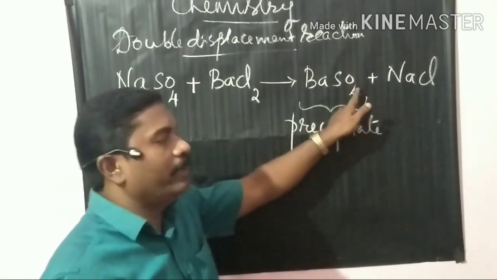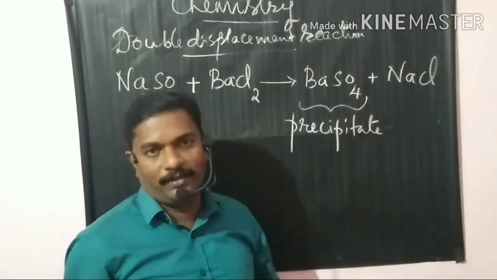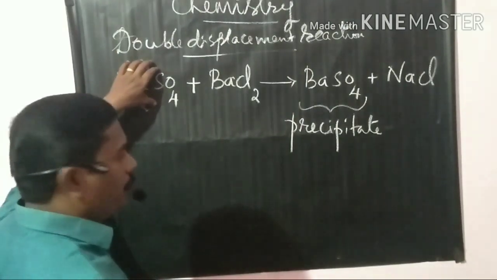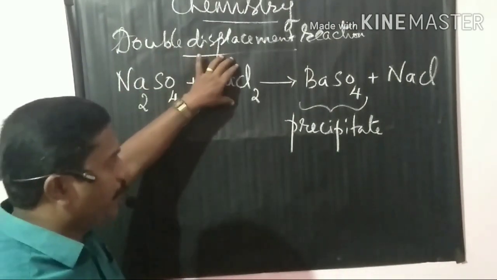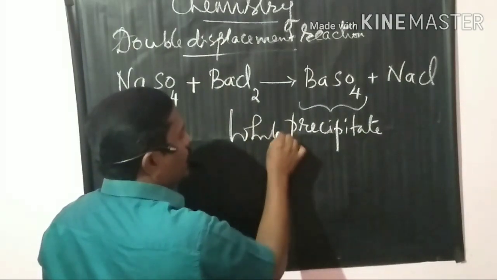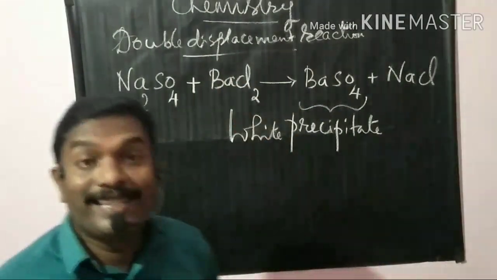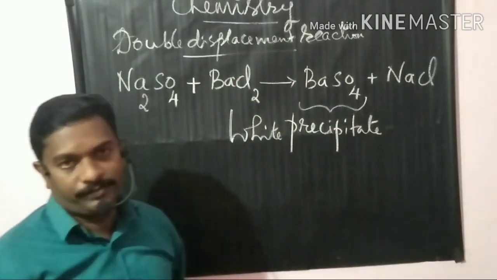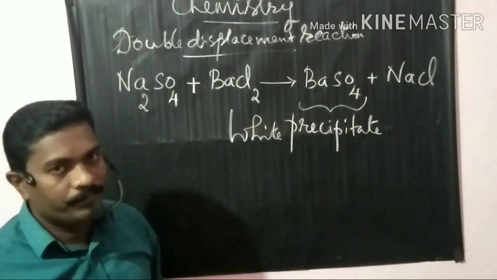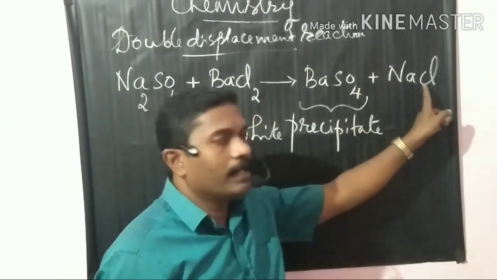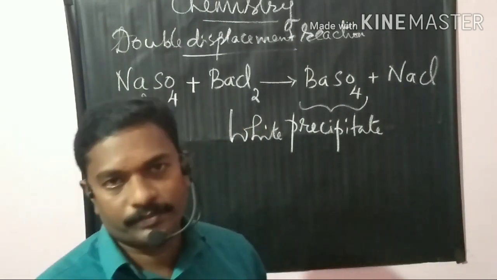The barium sulfate is white in color. So sodium sulfate reacts with barium chloride to form a white precipitate of barium sulfate, along with the byproduct NaCl. Is it clear?